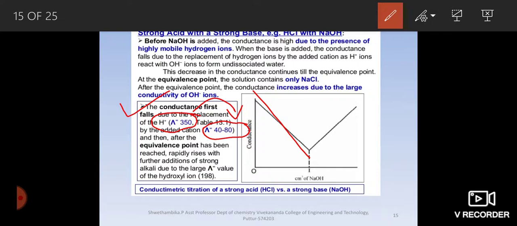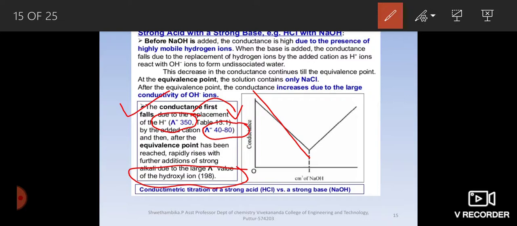Then once all the H+ is neutralized by OH-, what happens? As I said, NaOH would contribute OH-, but the hydroxyl ion again has high mobility, of the order of 198 units. It is actually not equivalent to H+, however it is quite high when compared with that of other ions present.